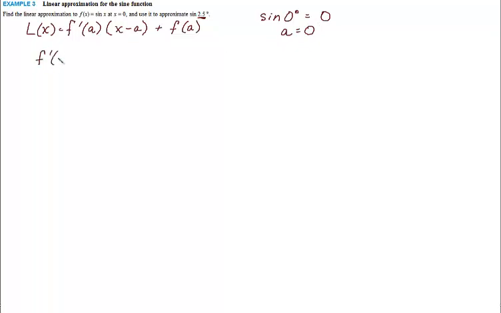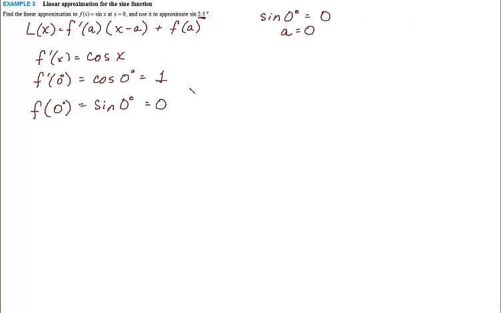F prime of x is going to, oops, I was supposed to take the derivative of sine, so that's going to be cosine of x. I need to know f prime at 0, so cosine at 0 is going to be a 1. Then I need to know f at 0. F at 0 is, we discussed, equal to 0.